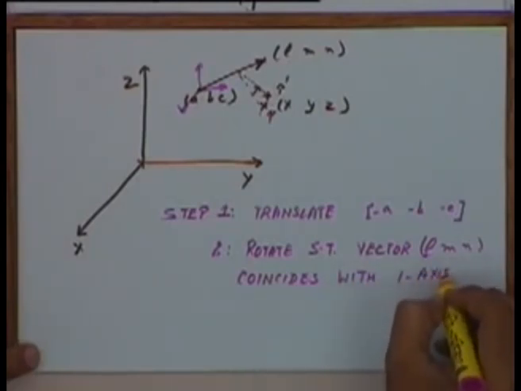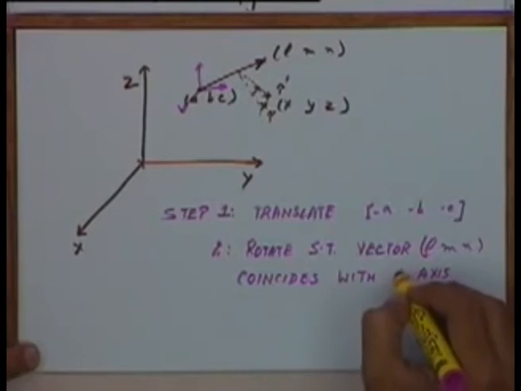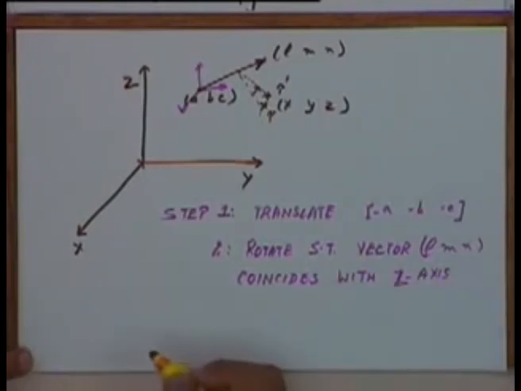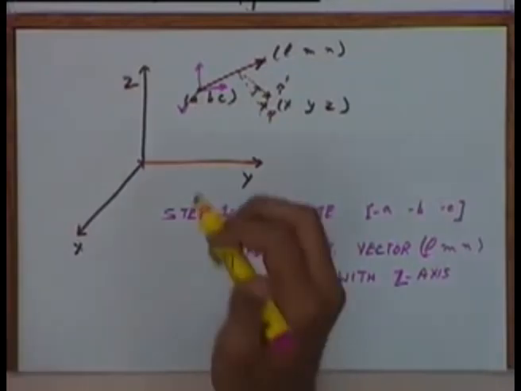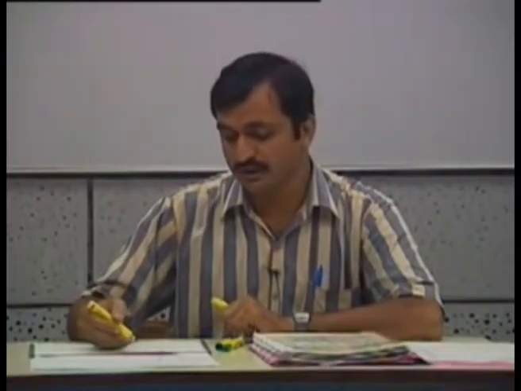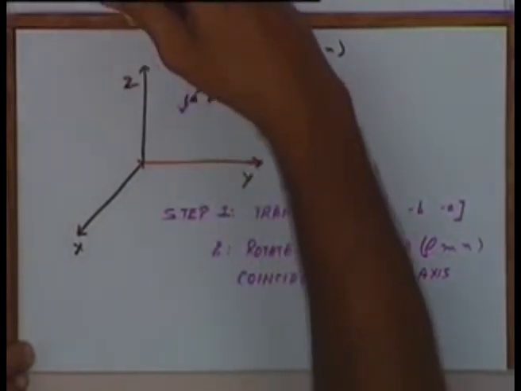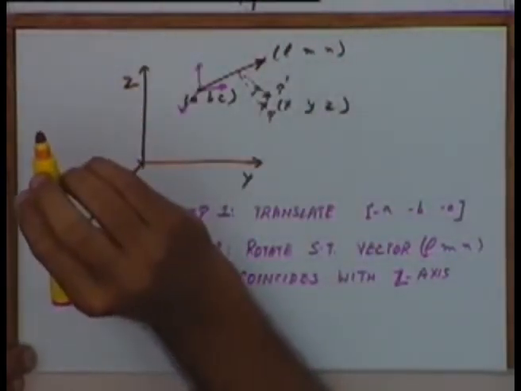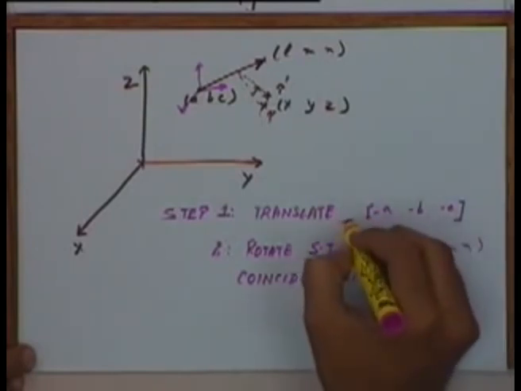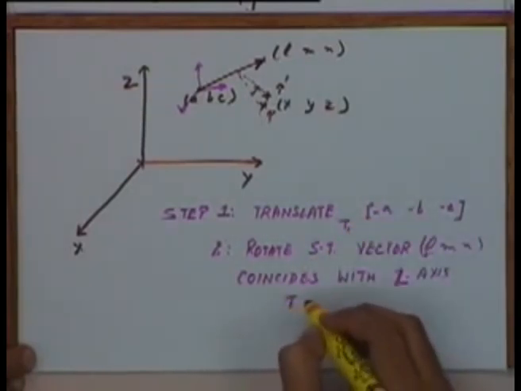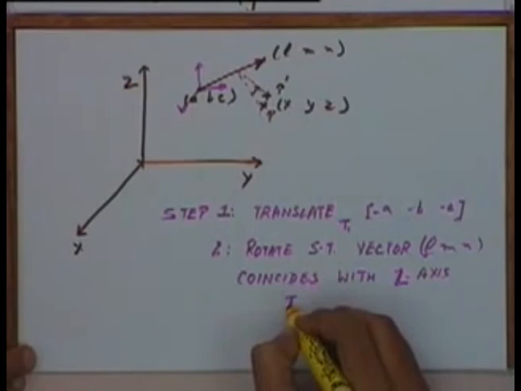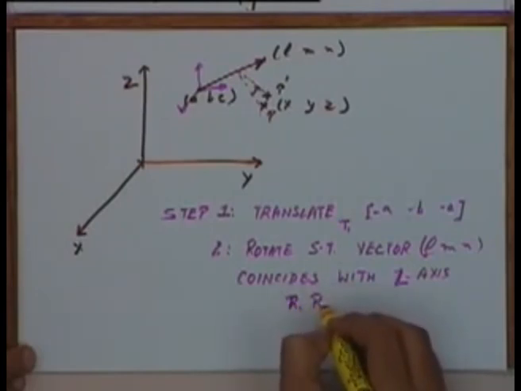For the sake of argument, let's just say the z axis. This will take 2 rotations. What will be the 2 rotations? We will first rotate so that this vector comes into the xz plane, then we will rotate so that it coincides with the z axis. This will be 2 rotations, let's say R1 and R2.